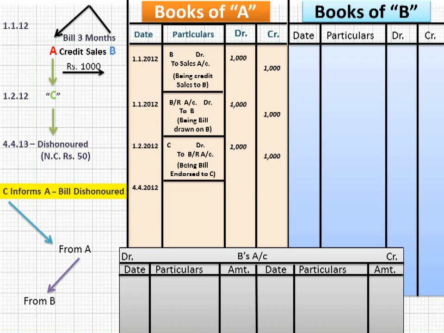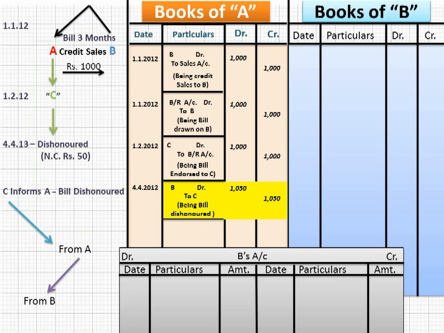Immediately, you will debit B. Whenever the bill is dishonored, you will debit the drawee with the full amount, I mean to say the amount of bill plus the amount of noting charges. So B will be debited in your books by 1050 and to C 1050.